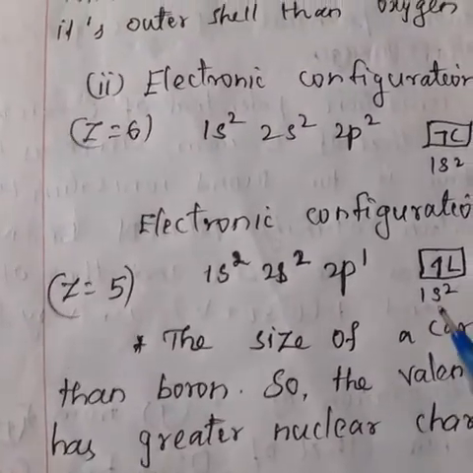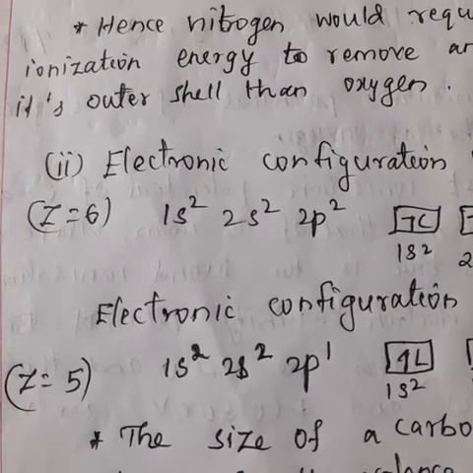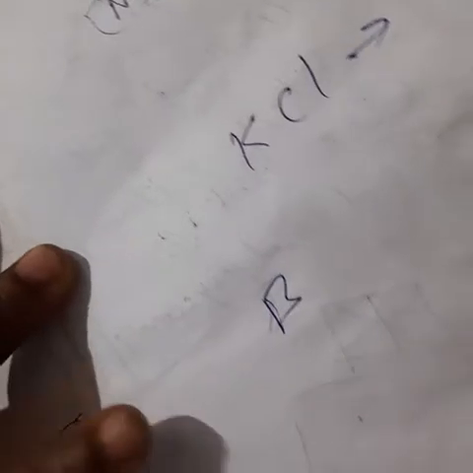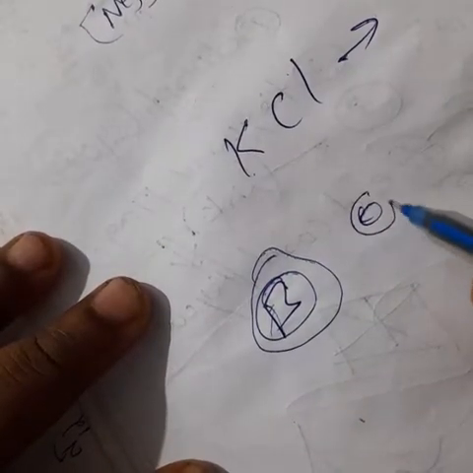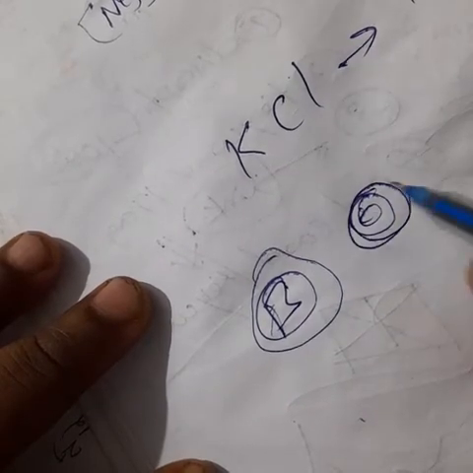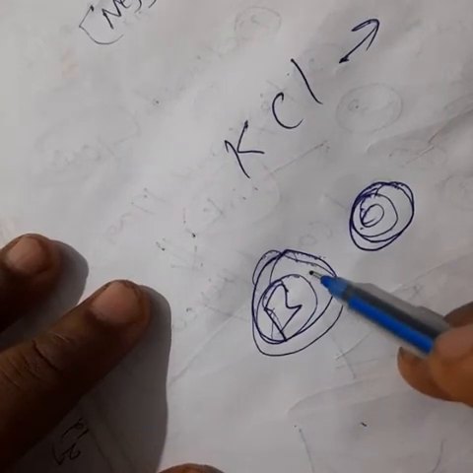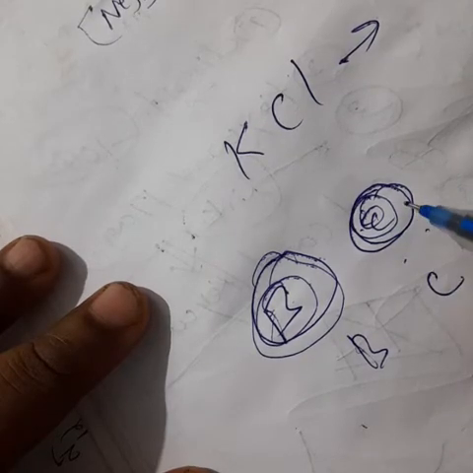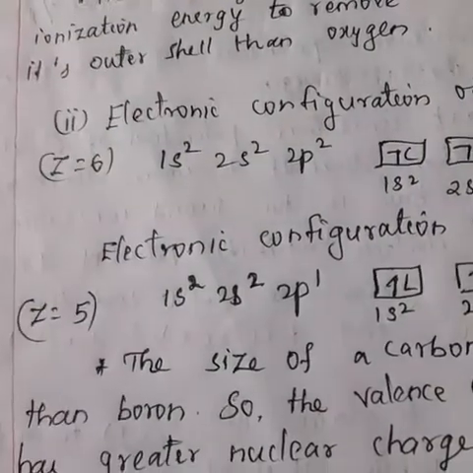Boron has atomic number 5 but carbon has atomic number 6, and these two atoms have the same subshells. Due to the higher atomic number, the size is smaller for carbon than boron. So the valence electron of carbon has a greater nuclear charge than that of boron.